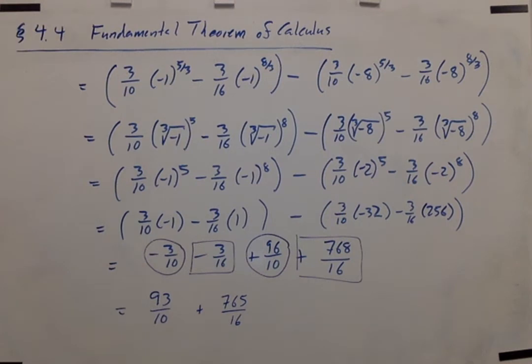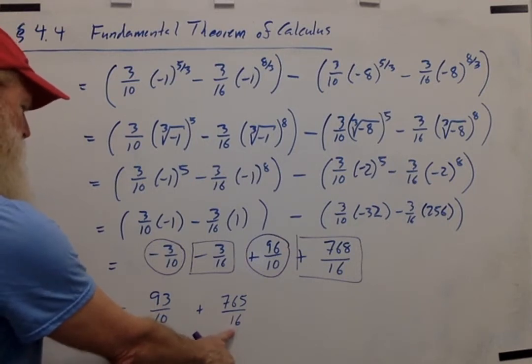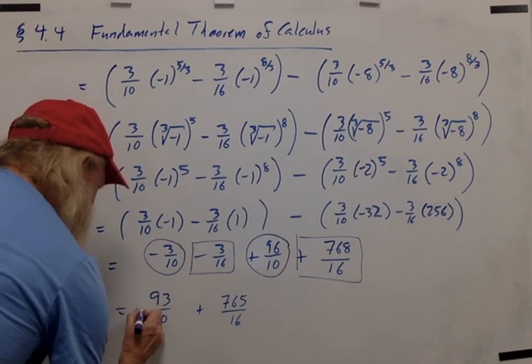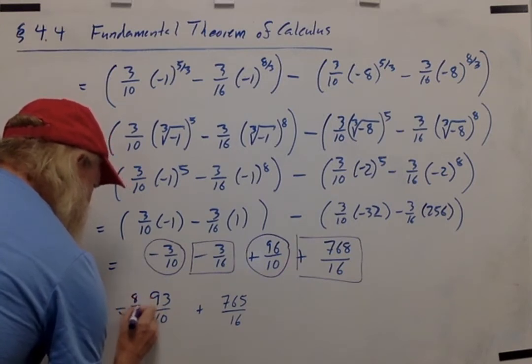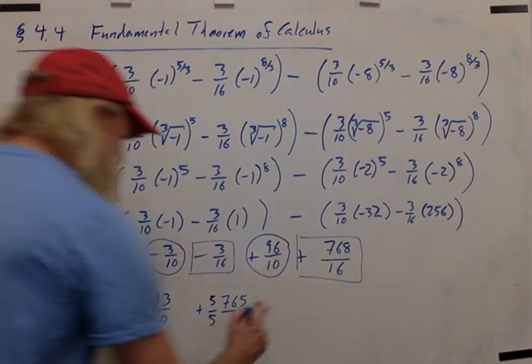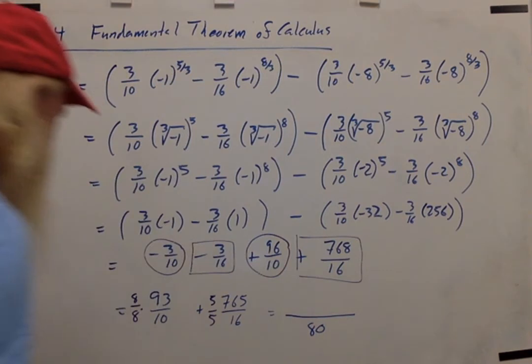And now I just have two fractions that I need to combine. The least common denominator between 10 and 16 is going to be 80. So we need to multiply the first fraction by 8 over 8 and the second one by 5 over 5. So common denominator is 80.